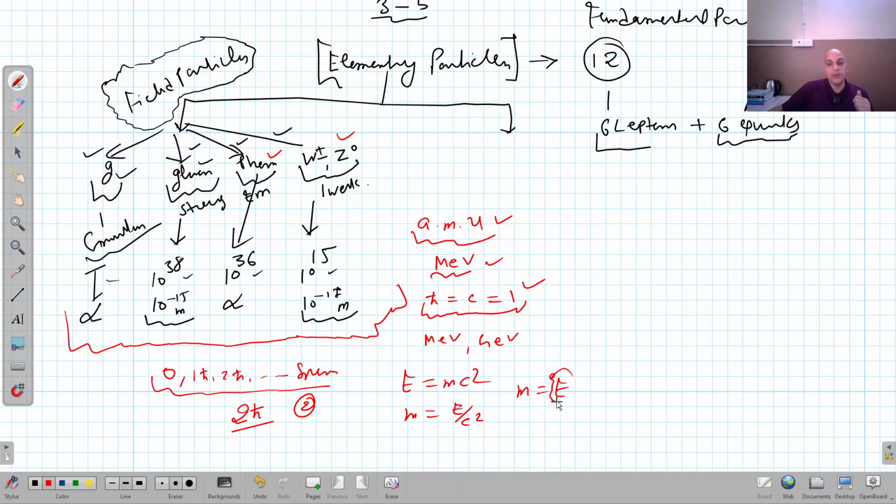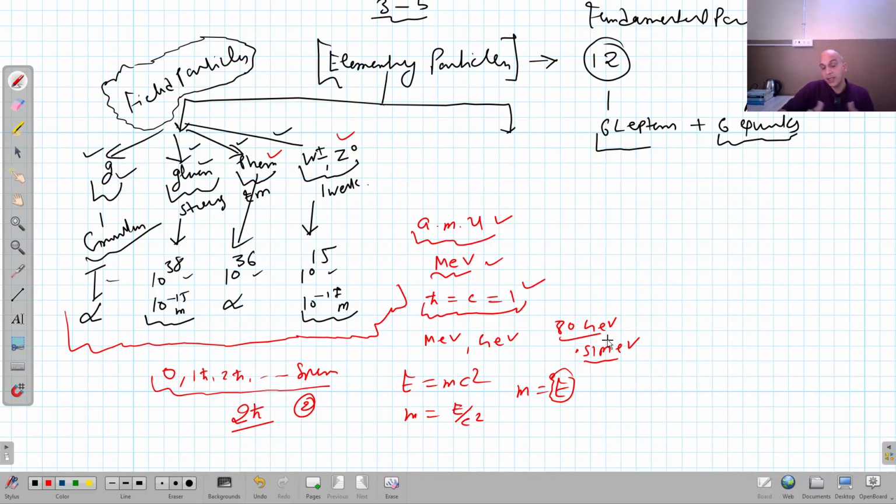You might have seen that the mass of a particle is written as 80 giga electron volt, or as 0.51 mega electron volt. It means we are representing the mass in terms of energy. This is a common practice in high energy physics.